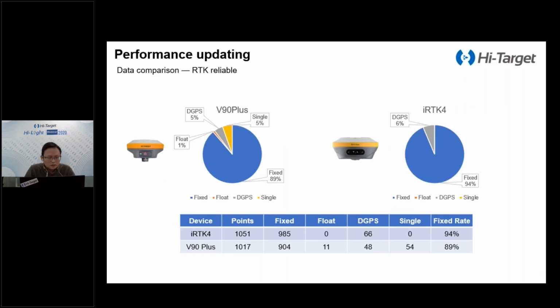Second, because we corrected 1 point more than 1,000 times, we compared how many fixed solutions it has, and the fixed rate of RTK4 is 94%, and V90 Plus is 89%.